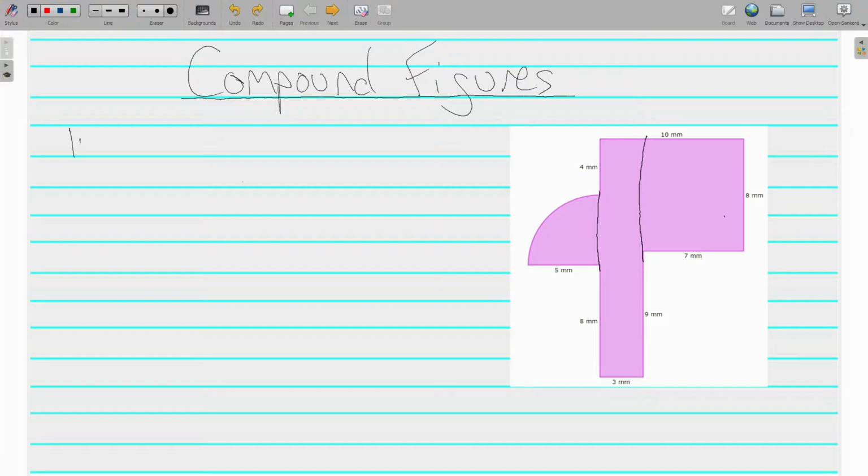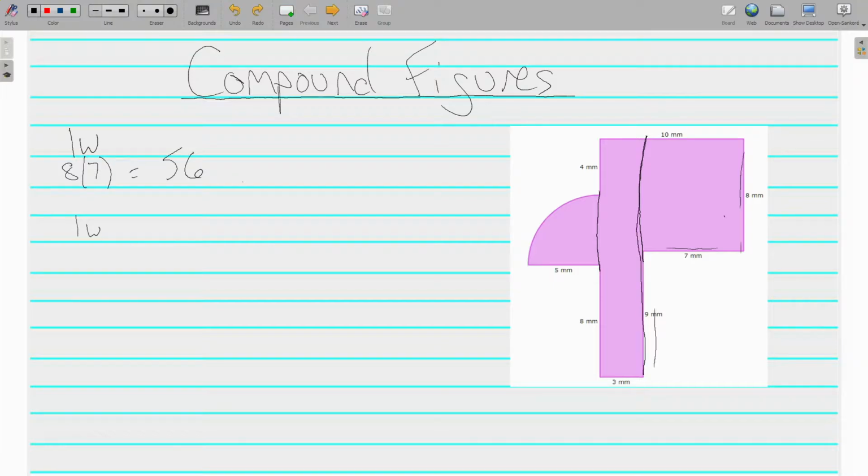I'm just going to start here with length times width with this rectangle. Looks like we've got a length of 8 and a width of 7. So 8 times 7 is 56. Then I'm going to tackle this long rectangle here. Again, length times width. Now the length, I'm going to have to look, because we've got the entire length from there to there.